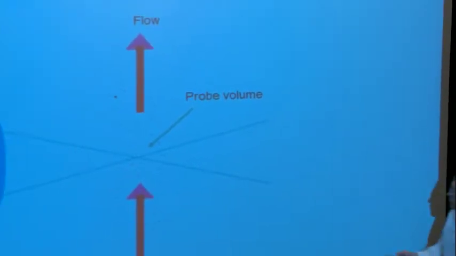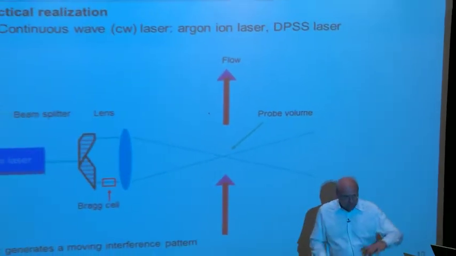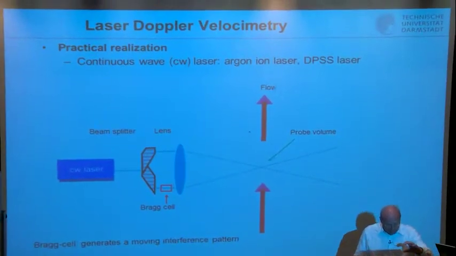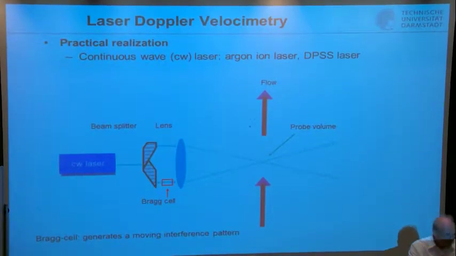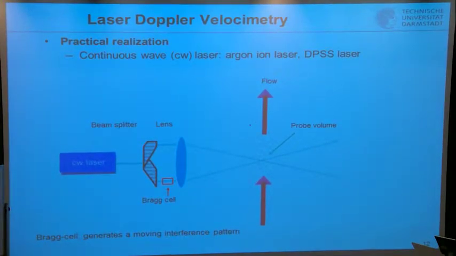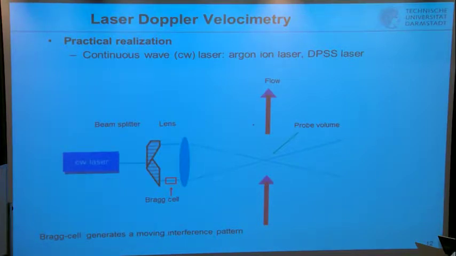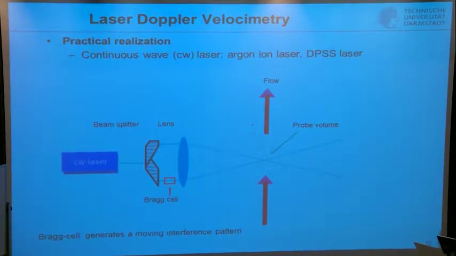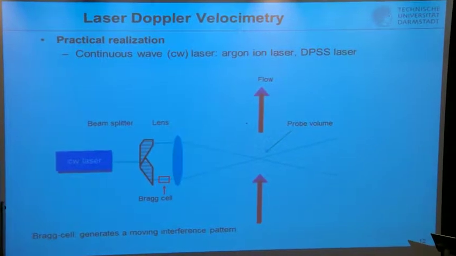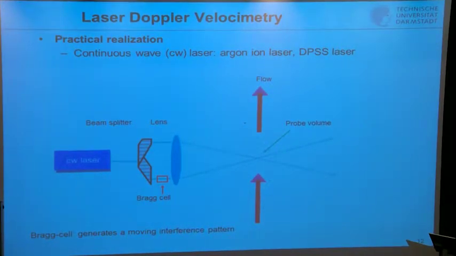And that is done in a so-called Bragg cell. I do not go into detail. What you do is you take a cell where you have a piezo transducer, maybe operated typically at 40 megahertz, and that creates acoustic waves that travel through the crystal from one to the other side. At the other side, they're damped. And then physically, that is called a so-called phonon. And a photon and a phonon, they can interact, and there is an energy transfer.